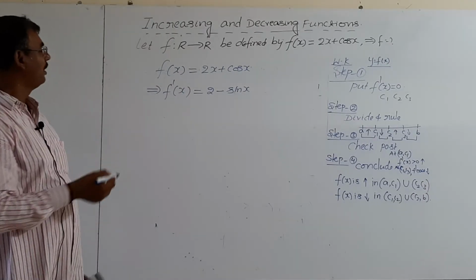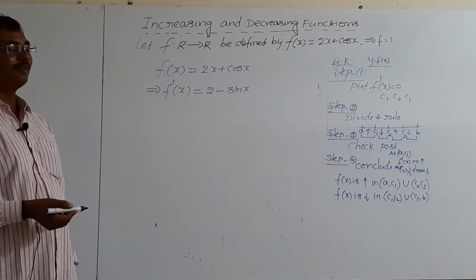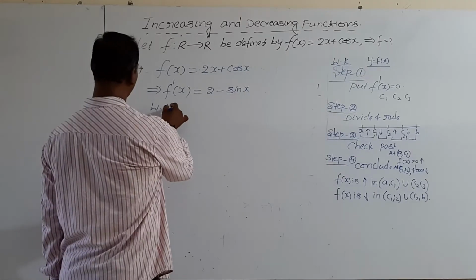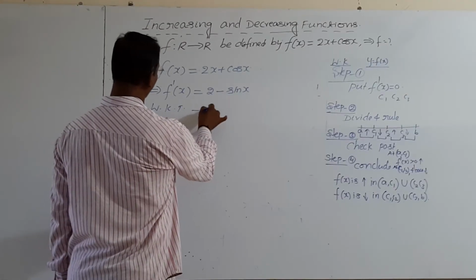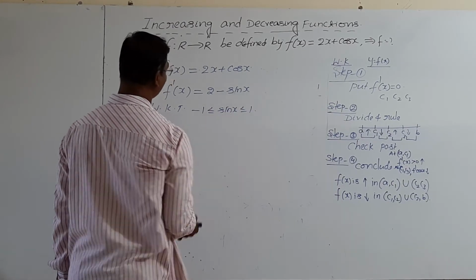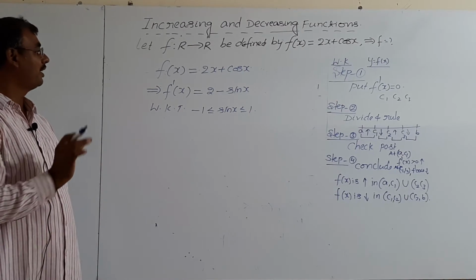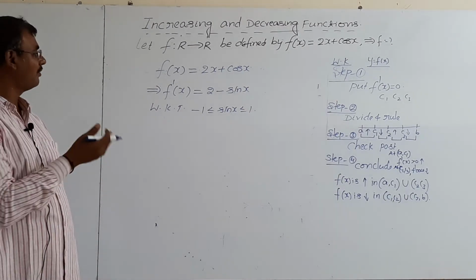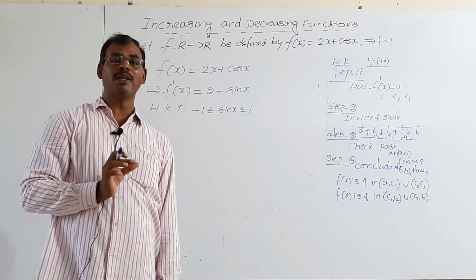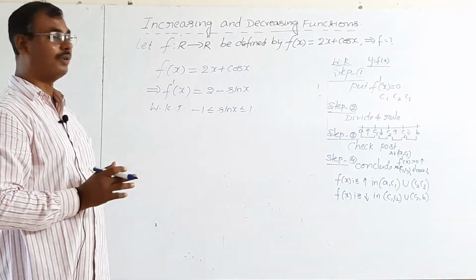In real numbers, sin is defined. What is the range of sin x? We know that minus 1 is less than or equal to sin x, which is less than or equal to 1. Sin always oscillates between minus 1 and plus 1 only; it doesn't exceed minus 1 or 1.